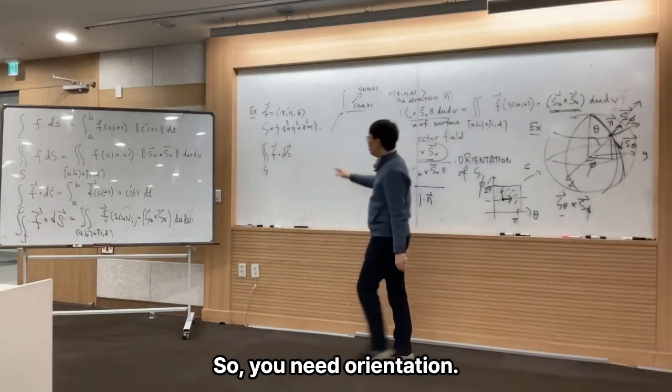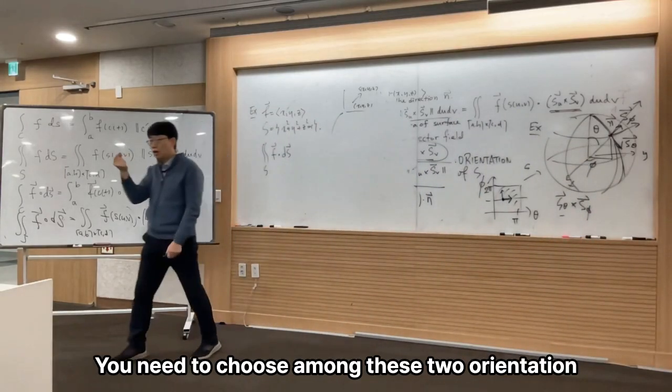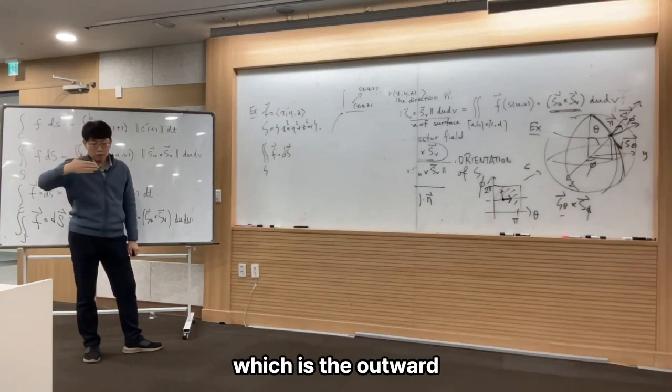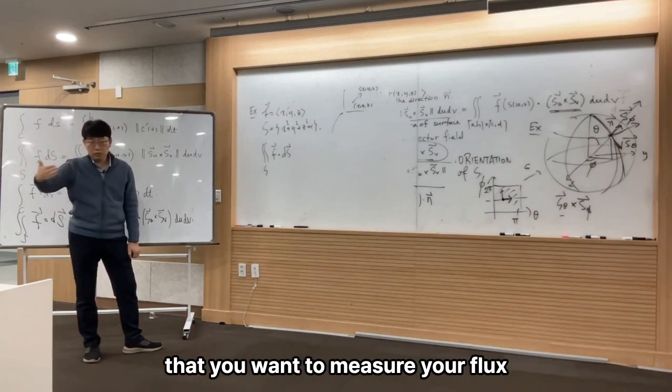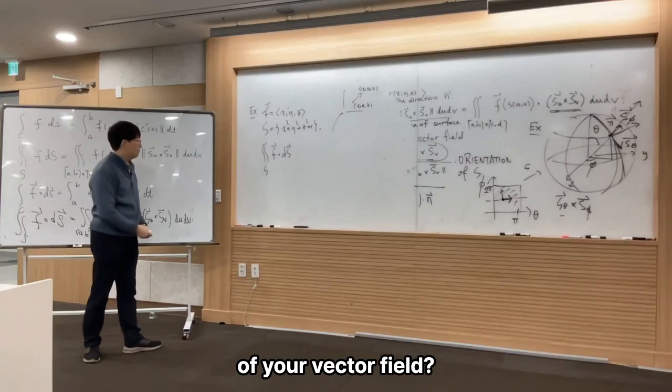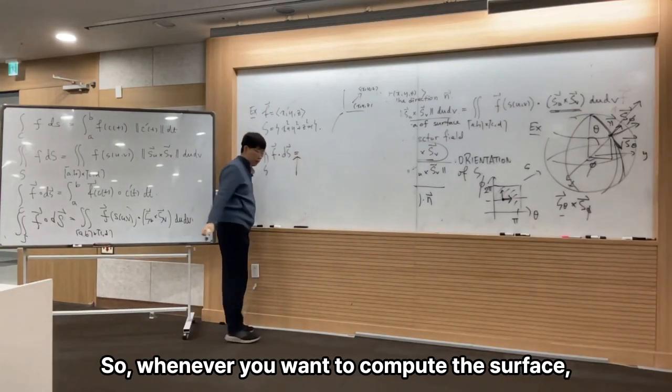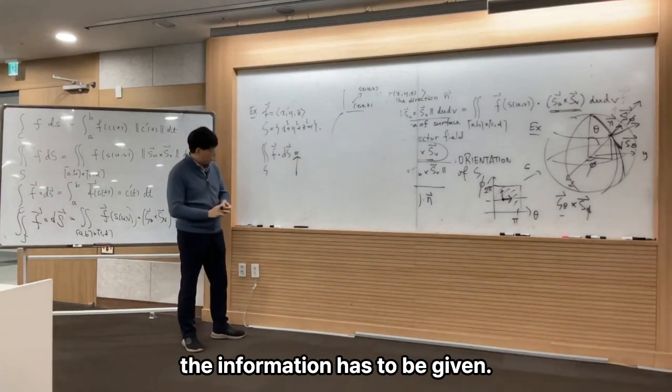So you need the orientation. You need to choose between these two orientations: which orientation are you talking about, which outward do you want to measure the flux of your vector field against? Whenever you want to compute the surface integral, this information has to be given.